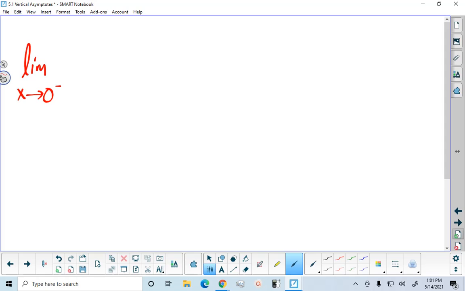And I'm going to write out the function in factored form. So, clean that up a little bit.